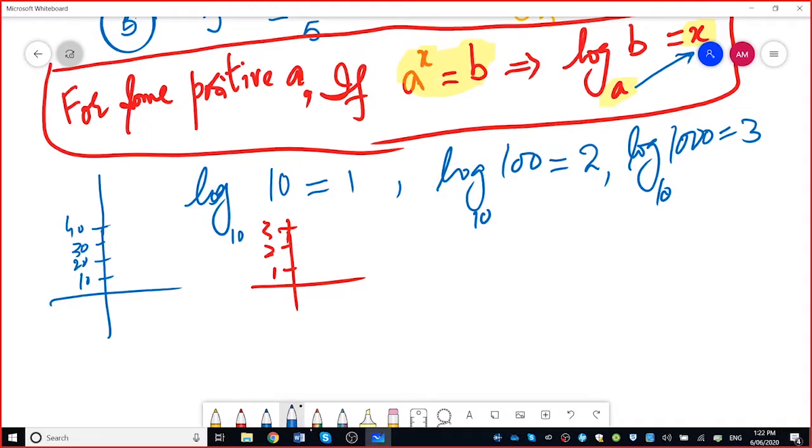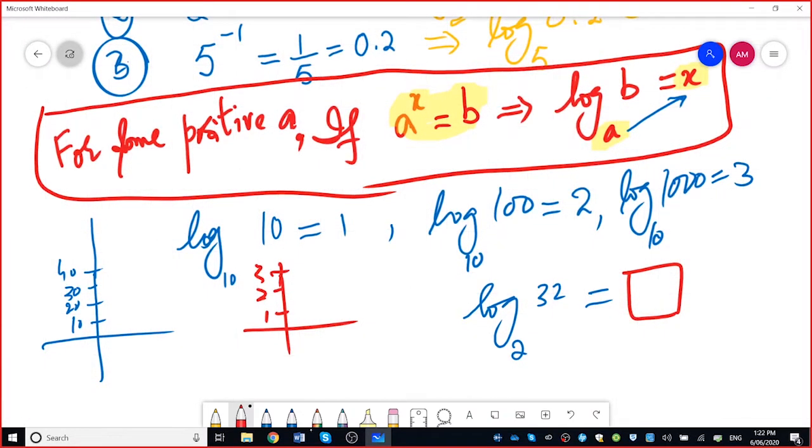So before we move to the questions, I would do some more questions with you. Let me ask you this: log 32 to the base of 2. So what does it mean? You have to find a number here where I have put this square.